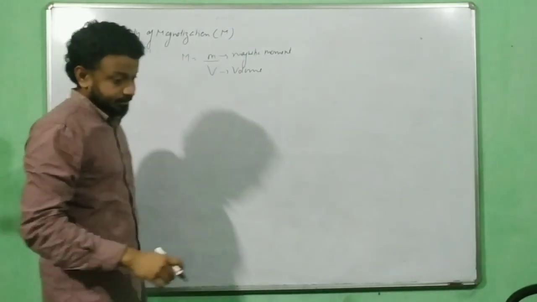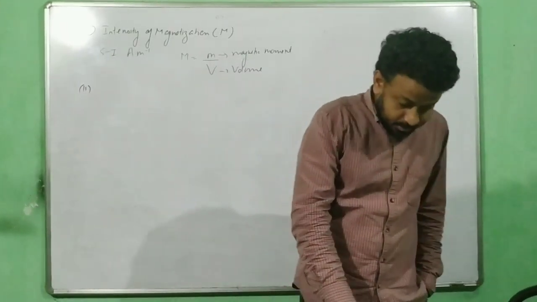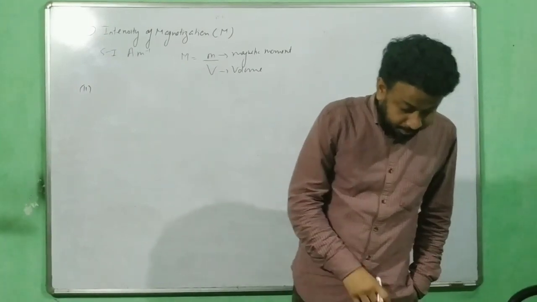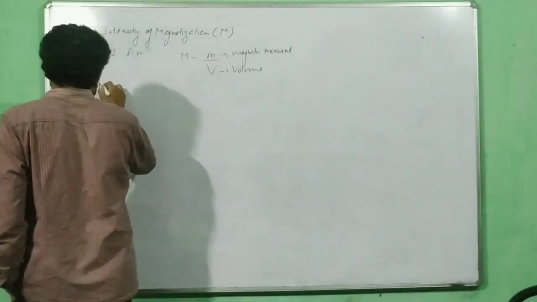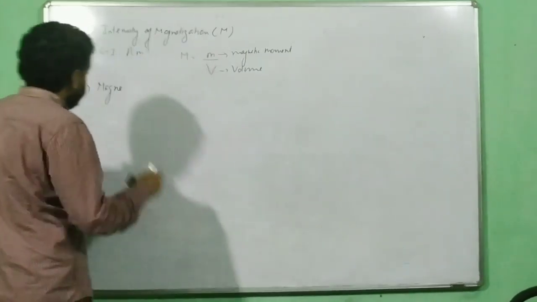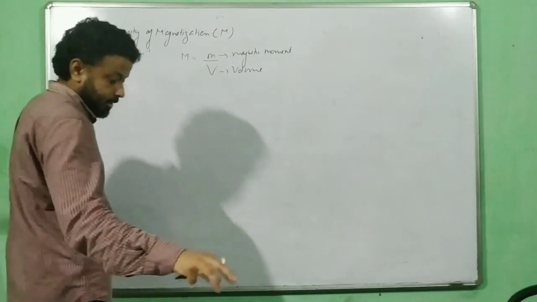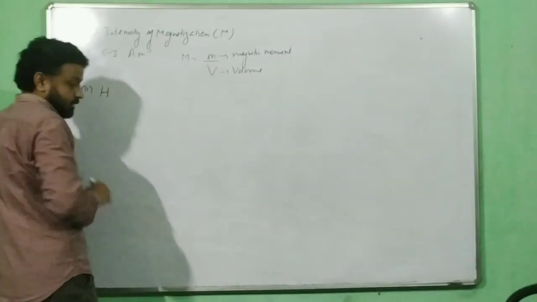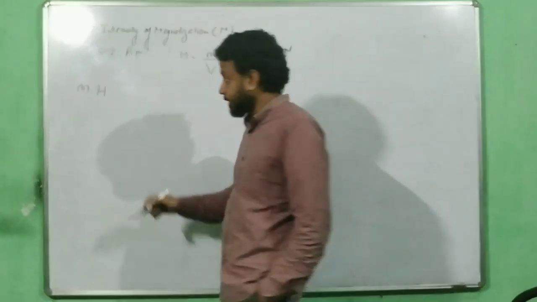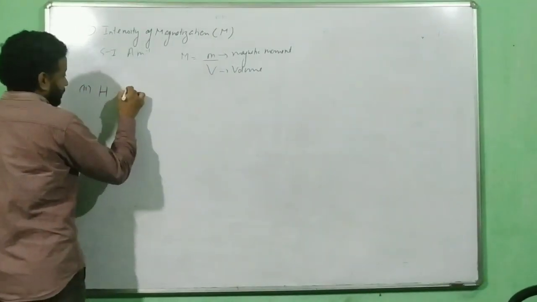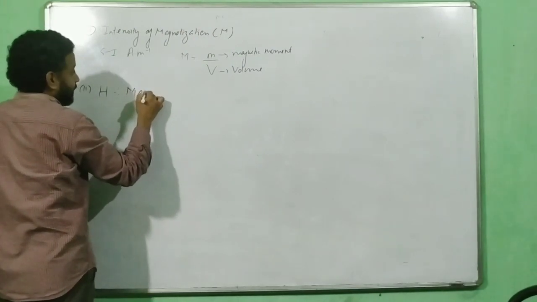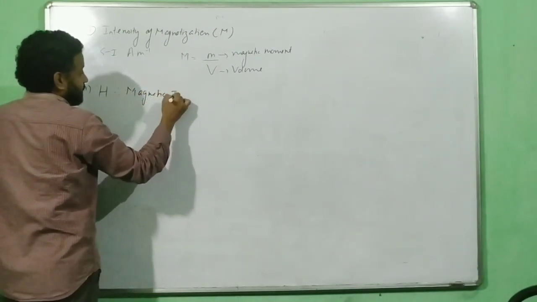The second one is magnetic induction. No, I generally prefer to teach the H part first. What is H? The H part is magnetic intensity. These are all confusing names: intensity of magnetism and magnetic intensity.